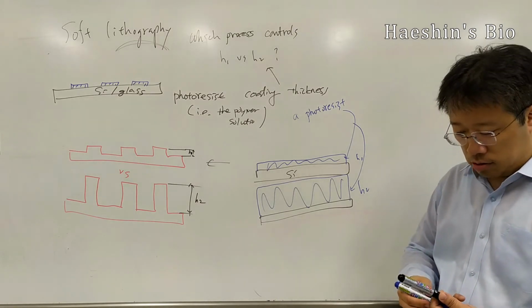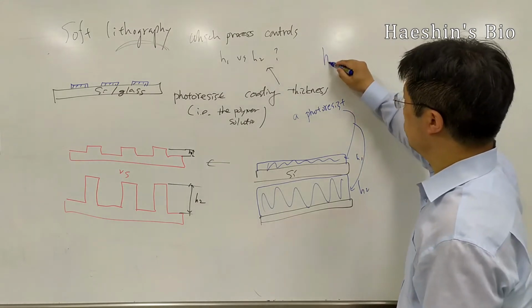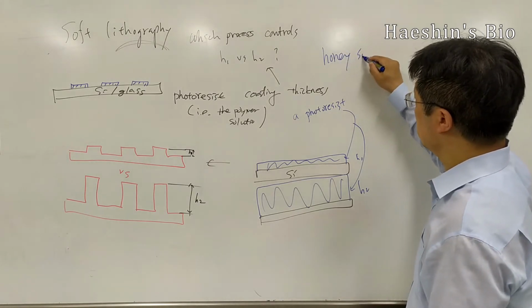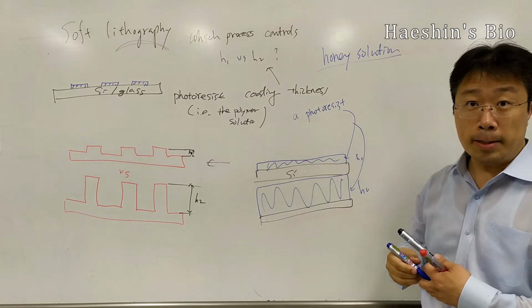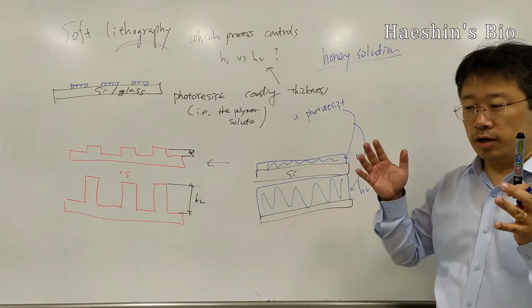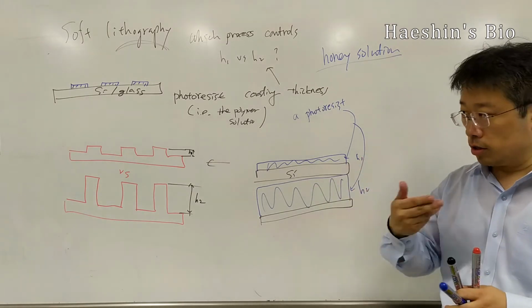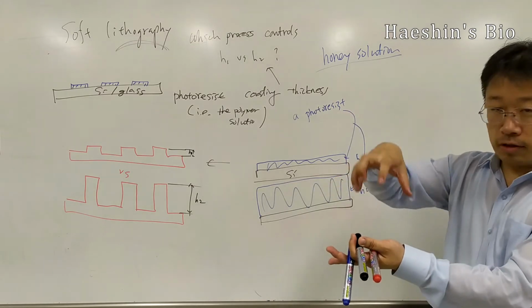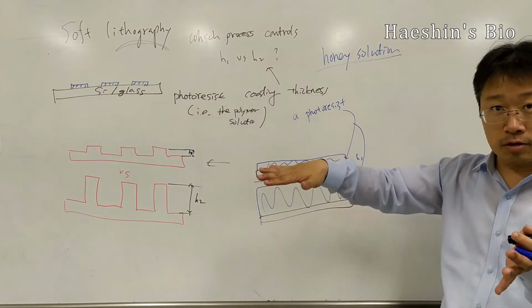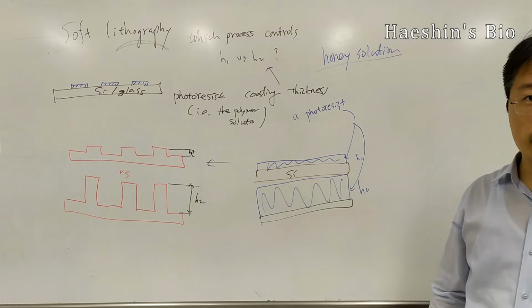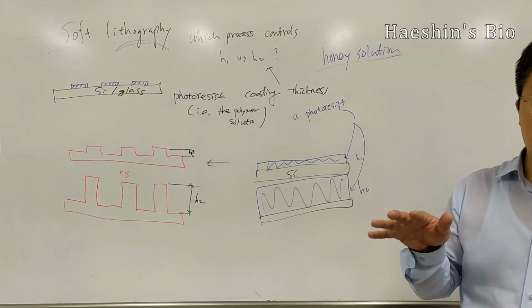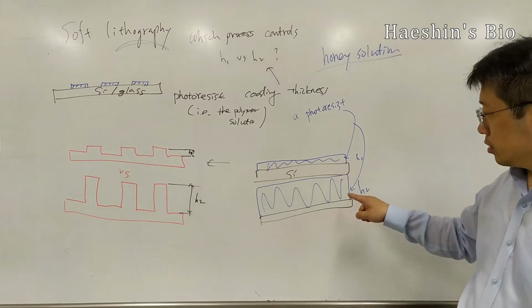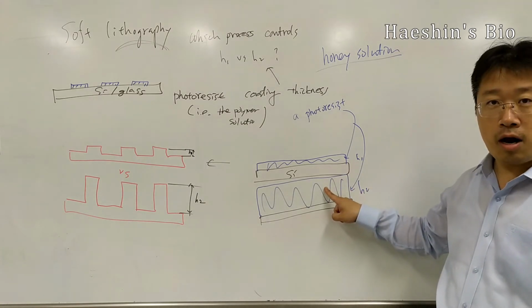Because if you think about honey, for example, the honey solution is very sticky. If you have very thick honey solution, you rotate it, drop it on the surface, and make a flat layer of honey. If there is very thick viscosity, you end up with this thickness.